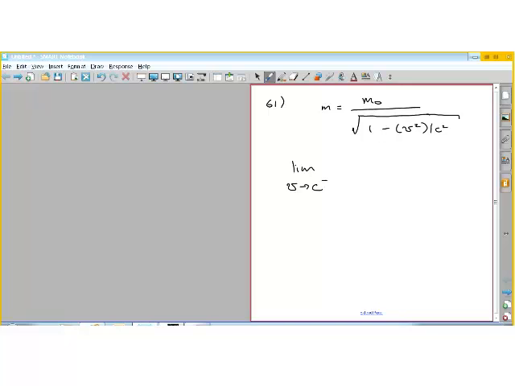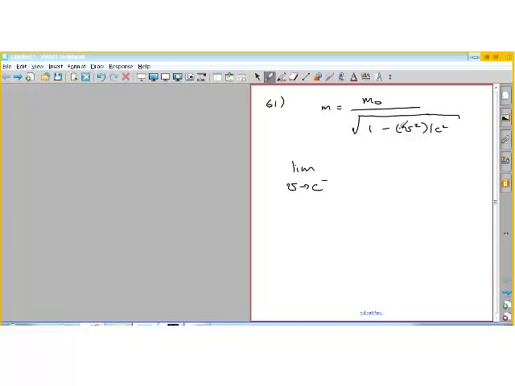And so what you would see is that as V approaches C, then this number approaches 1, 1 minus something approaching 1 is going to be positive, but it's going to be a very small positive number as this occurs.